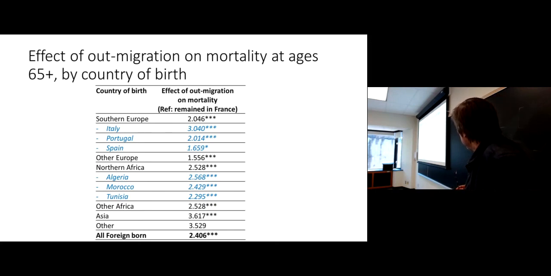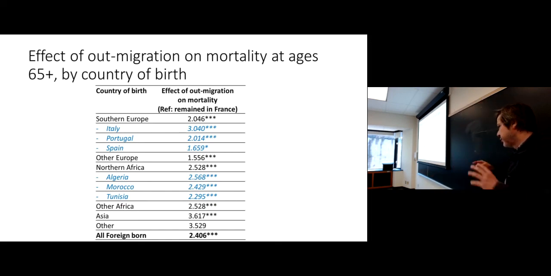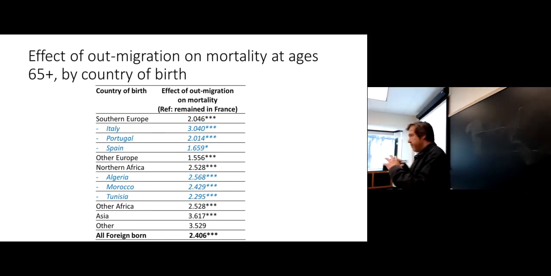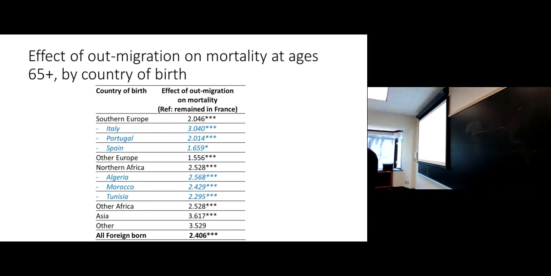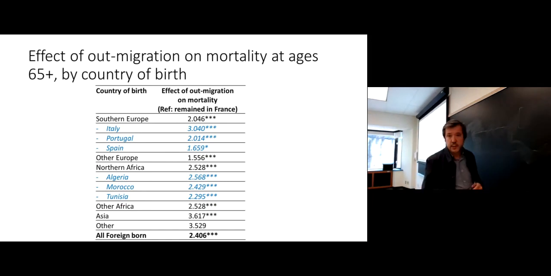The mortality hazard ratio is 2.4, comparing those who left versus those who stayed. This is the coefficient associated with this time-varying variable for out-migration. That variable switches to 1 once the individual leaves France. And it's high, and it's also very consistent across countries.